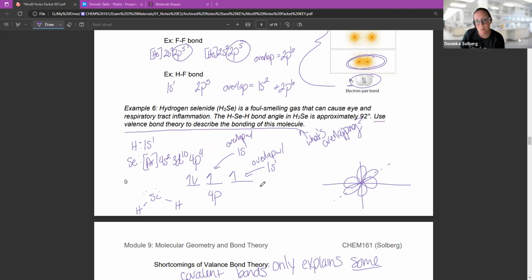Now, why does that explain the 92-degree angle? Well, the 3 p orbitals look like this. One goes up and down. Remember, they look like dumbbells. One goes side to side and one goes front to back. That's the x, y, and z axes. They are all at 90 degrees from each other. So if one of these orbitals, say the up and down one, and the left to right one are the ones sharing, then you're going to get about a 90-degree angle.